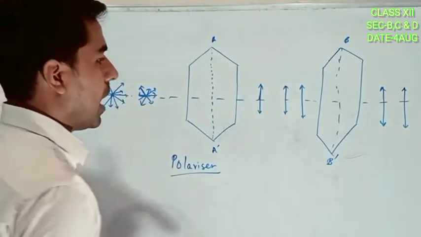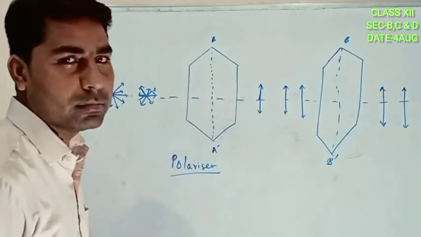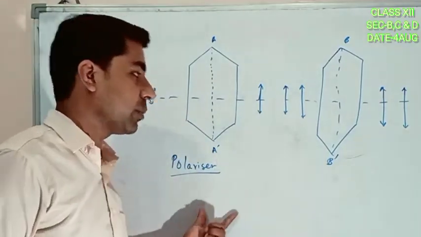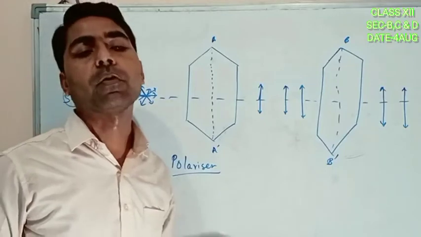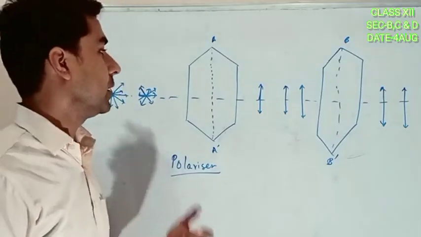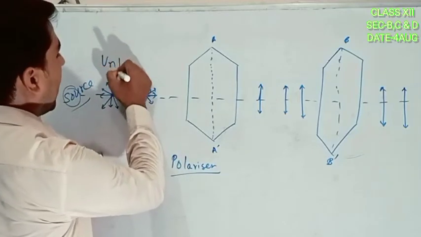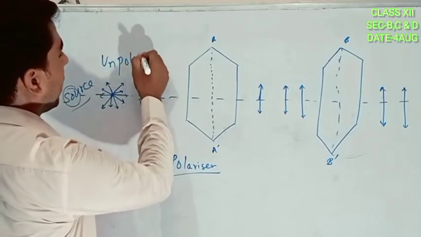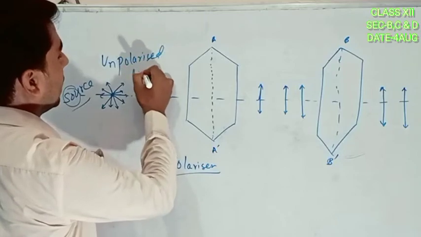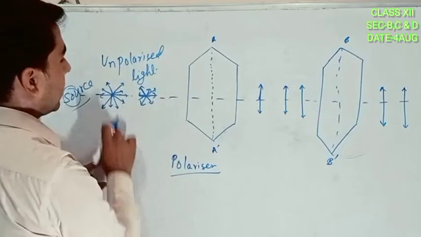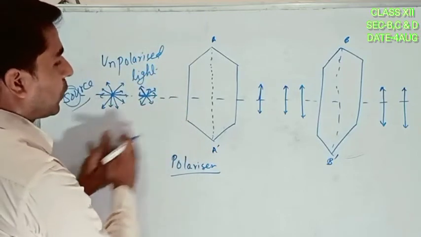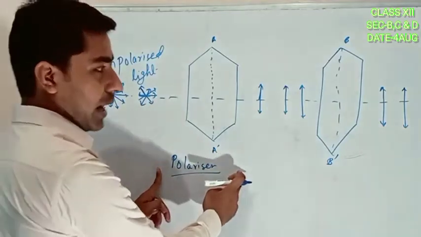polarizer. You might be saying, sir, this one is also a polarizer, so this one should also be named polarizer. No, the first one, which is receiving the unpolarized light, will be known as the polarizer.